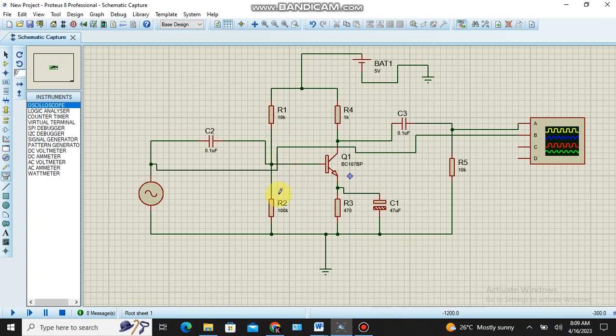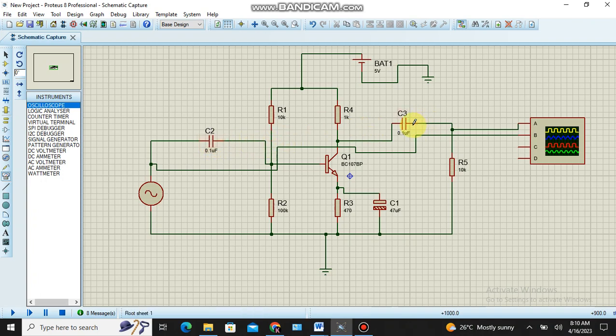So these two are only for the biasing arrangement. This collector resistor sometimes acts as the load resistance. This C2 and C3 are called coupling capacitors. The purpose of these two capacitors is to separate AC and DC signals.